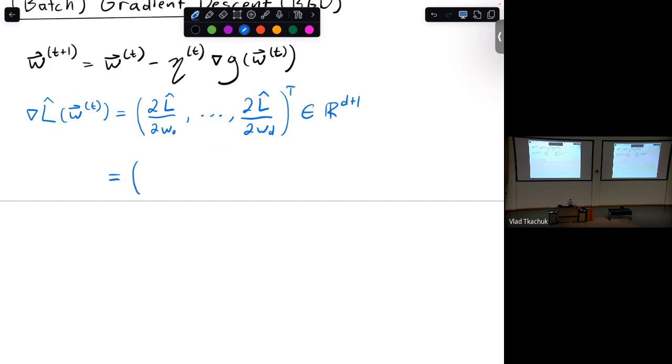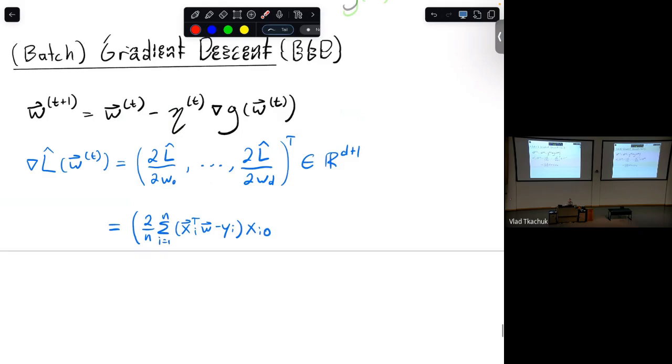That was, if you remember, 2 over n times the sum from i equals 1 to n of (x_i transpose w minus y_i) times x_i, and then the index with which we're taking the partial derivative of, so that was 0. And hopefully it's very clear to see that this was the partial derivative.